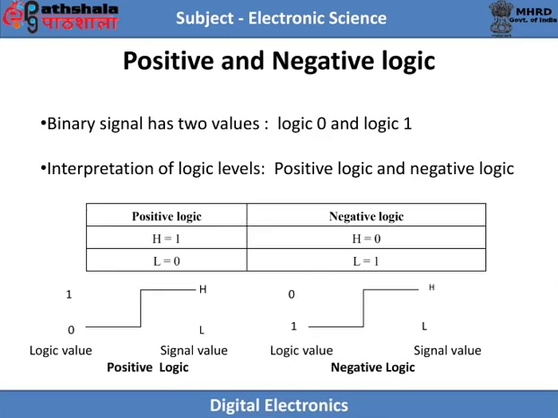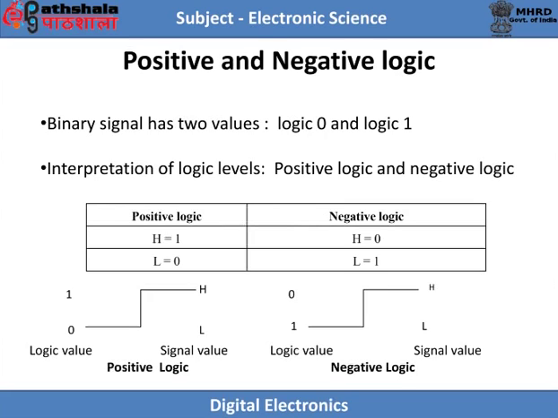Positive and negative logic. Usually, this term refers to binary logic level consisting of two states, namely low state, that is 0 volt or logic 0, and high state or plus V or logic high.